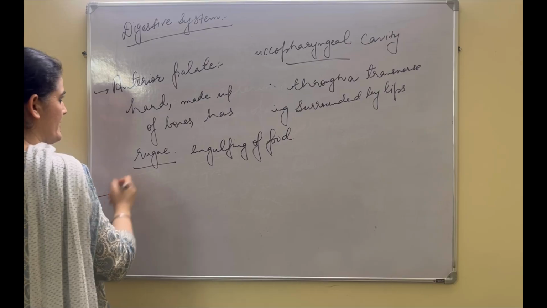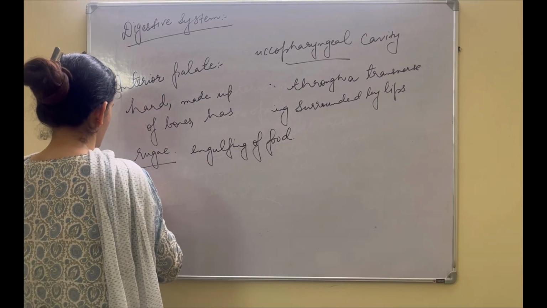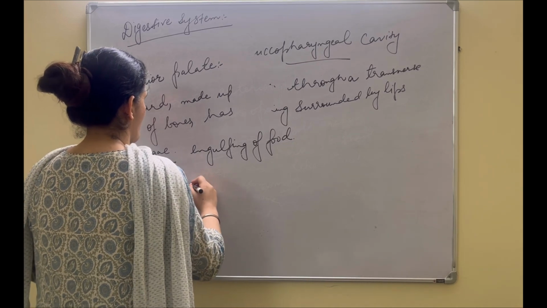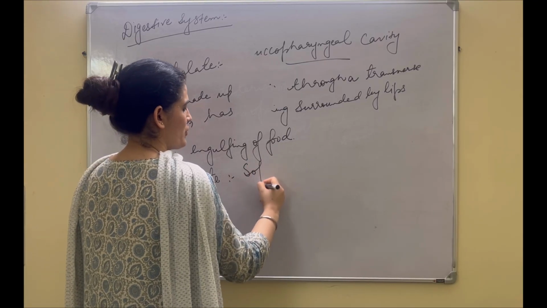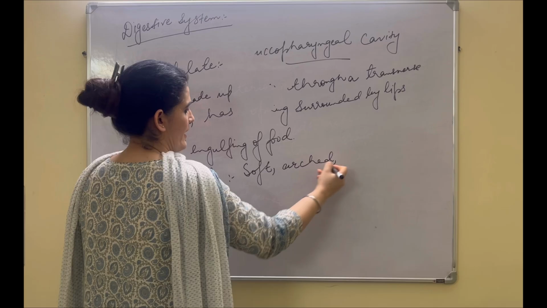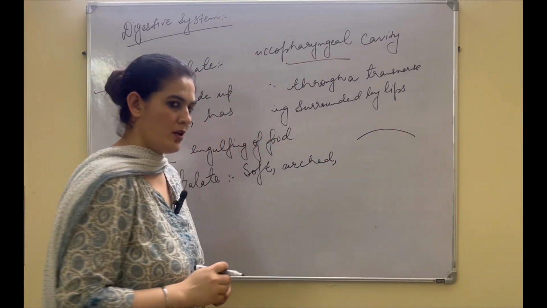And similarly, the second part of this palate is the posterior palate. This posterior palate is soft, it's arched, and arched means shaped like this.